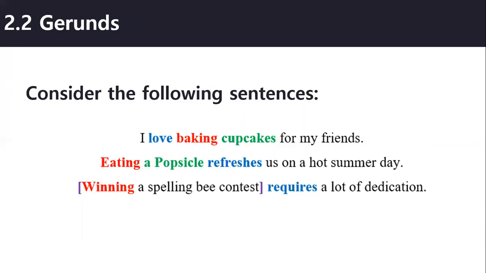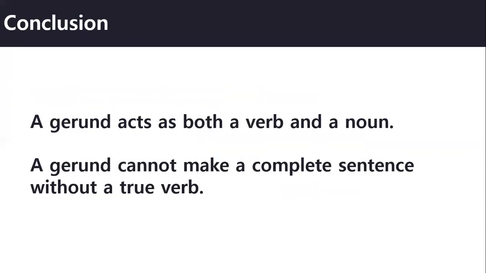Otherwise, the part "winning a spelling bee contest" will be a sentence fragment with a gerund and it cannot stand alone. As a conclusion, a gerund acts as both a verb and a noun. A gerund cannot make a complete sentence without a true verb.